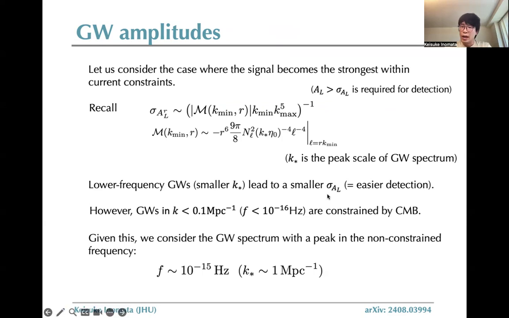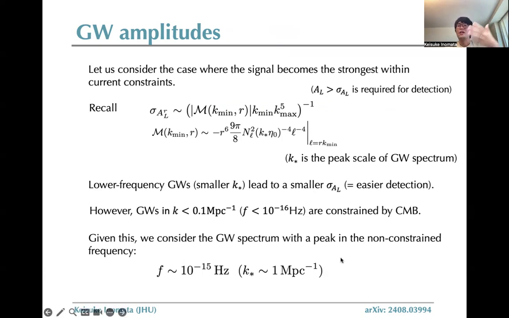And the smaller sigma A_L corresponds to easier detection. However, gravitational waves in this scale, in large scale, are constrained by CMB. Given this, we consider the gravitational wave spectrum with a peak in the non-constrained frequency as this.